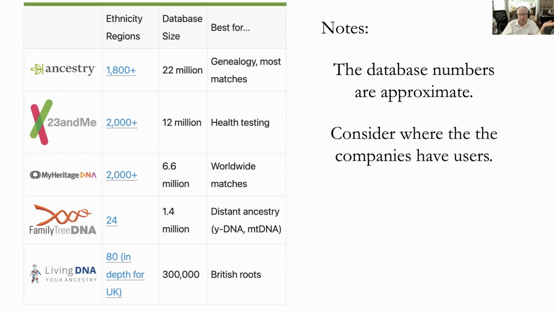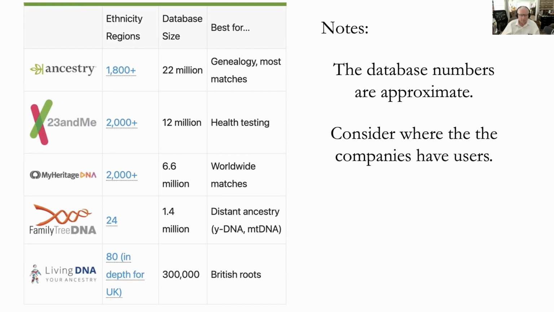And the next step is to consider where these companies have users. Ancestry has users mainly in the English-speaking world. They do have users in other countries, but a significant number of people are in the United States, Great Britain, and the other parts of the world that speak English. And 23andMe is the same. It's an American company, a US company, and that's where its emphasis is.